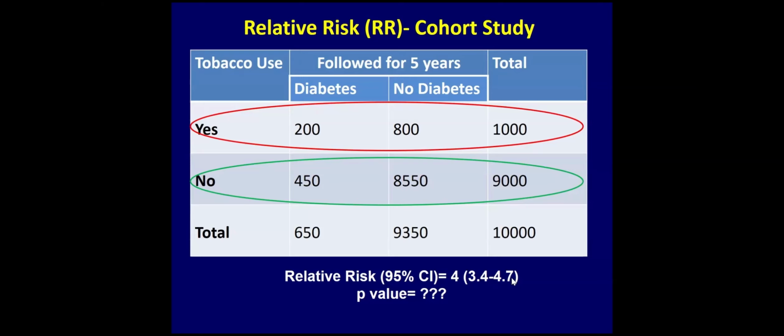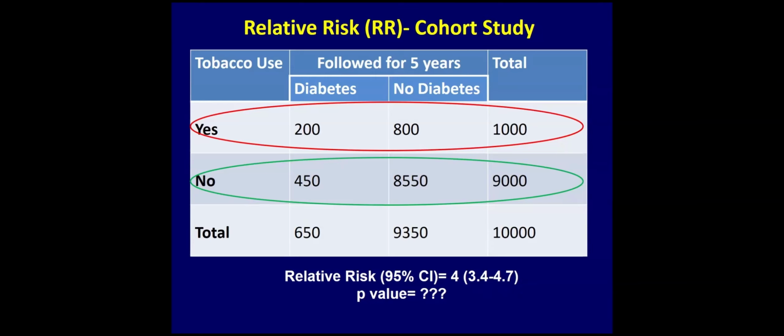How? The lowest value is positive, not below 0. The null value, what is the null value in relative risk? If both the groups have the same incidence, what will be the relative risk? It will be 1. So 3.4 to 4.7 does not include 1.